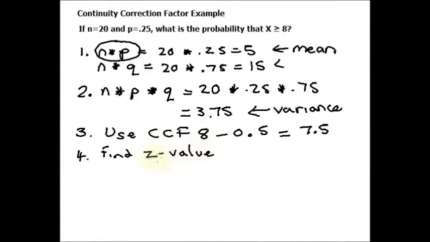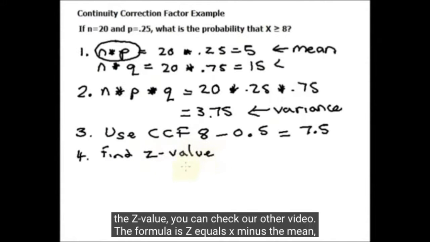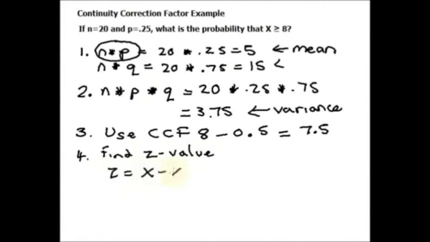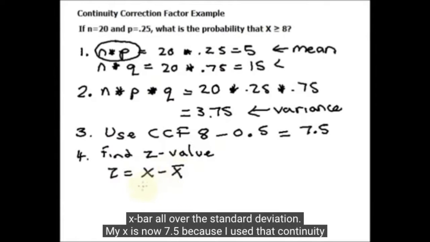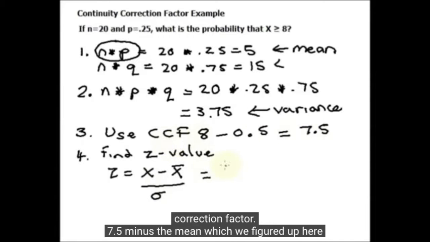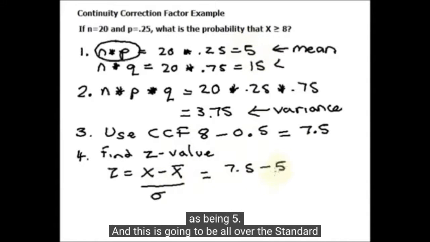If you're not very familiar with finding z values, you can check out our other video. The formula is z equals x minus the mean, x bar, all over the standard deviation. My x is now 7.5 because I used that continuity correction factor, minus the mean, which we figured up here as being 5.